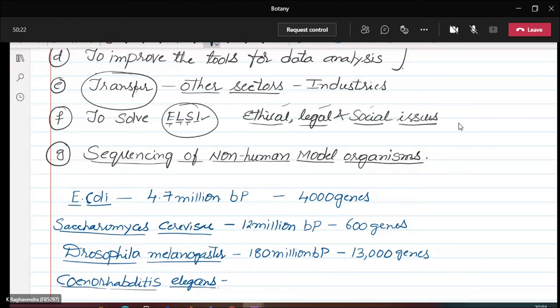In the case of Caenorhabditis elegans, 97 million base pairs, and 18,000 genes they have discovered.